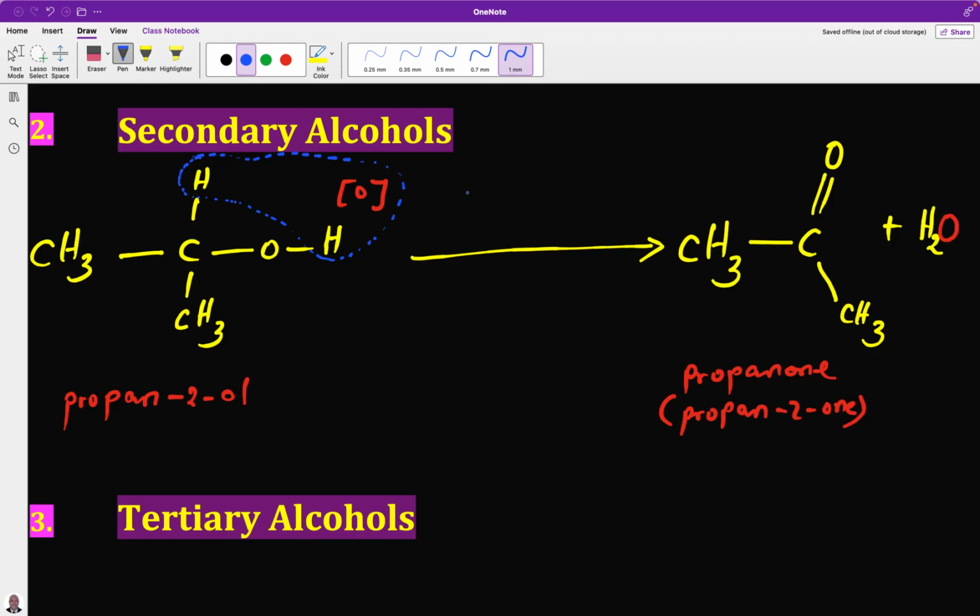You can either use this, or you can use this. You can either use acidified potassium manganate 7, or you can use acidified potassium dichromate 6.